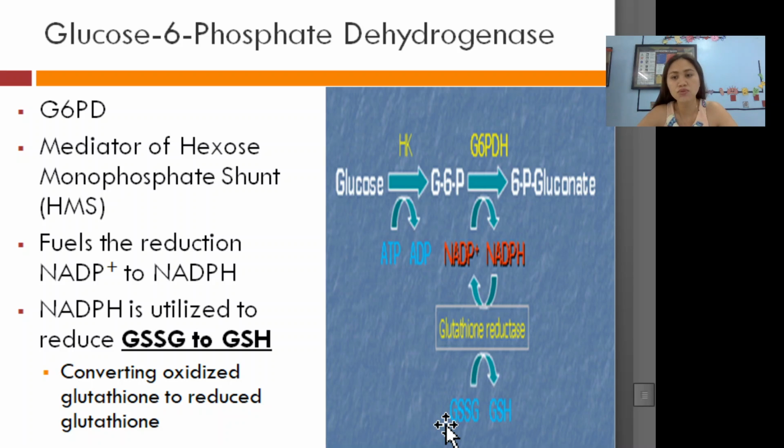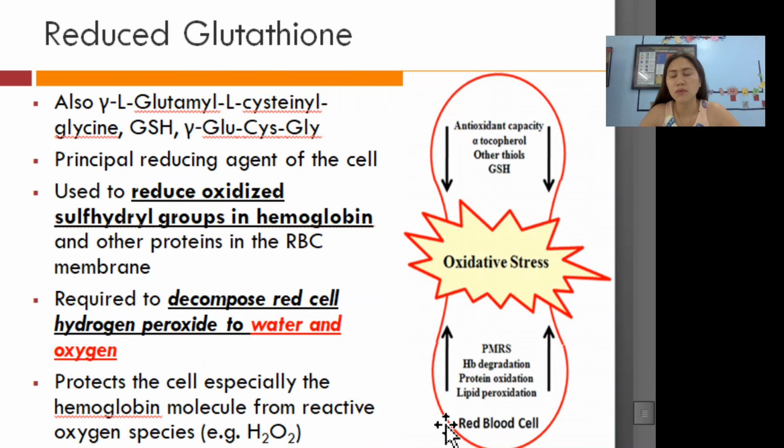Reduced glutathione can break down the accumulated hydrogen peroxide. And hydrogen peroxide is not good for our cell. It destroys our cell and the proteins of our cell. So we need reduced glutathione.